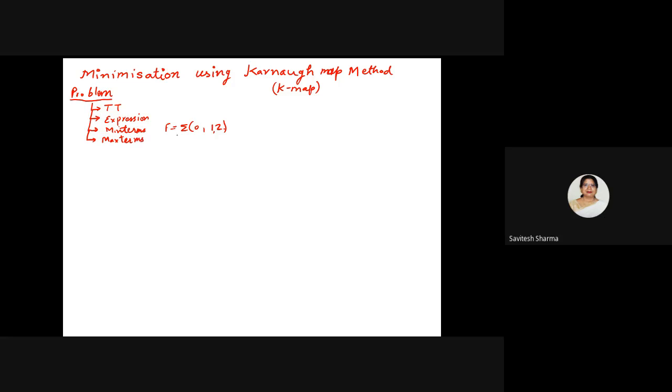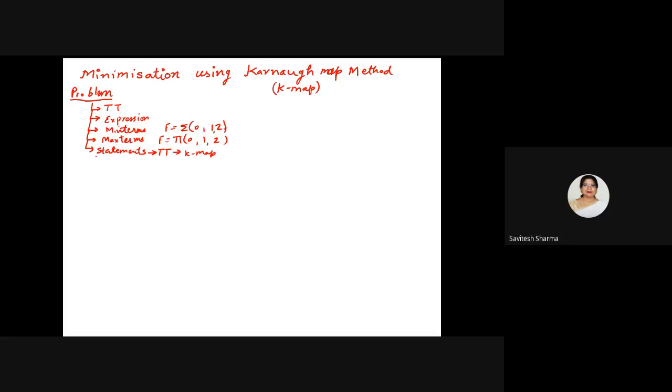Or you may have some statements, and then you have to minimize. Statements means you first have to convert the statements into the truth table and then draw the K-map. So this will be the step.